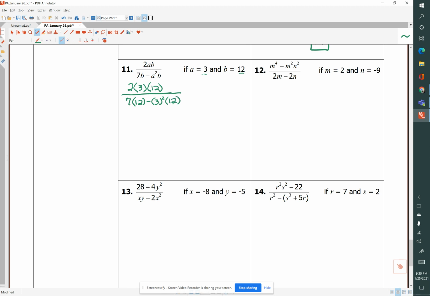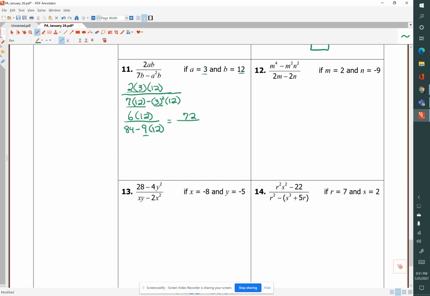All right, so let's start with the numerator. We can multiply 2 times 3, which gives us 6 times 12. And in the denominator, we can multiply 7 times 12, which gives us 84, minus 3 times 3, which is 9, times 12. Then in the numerator, we will have 72, because 6 times 12 is 72.